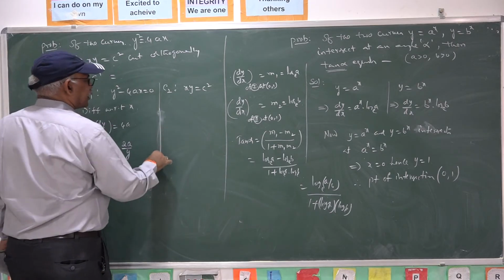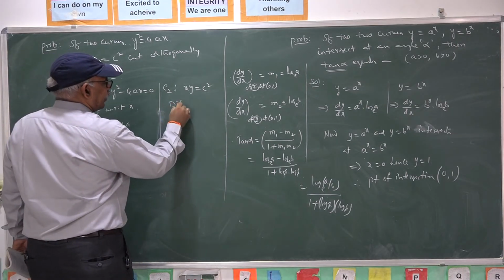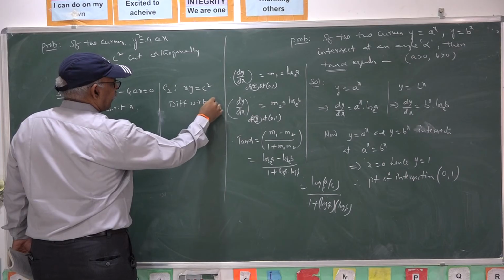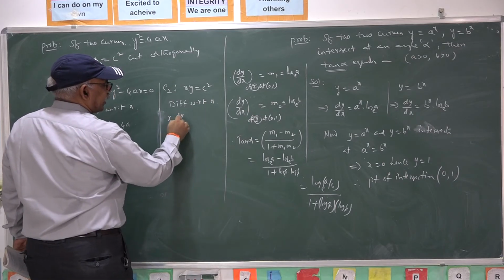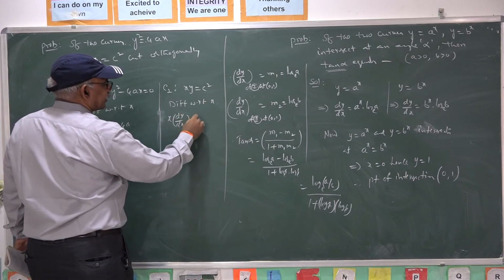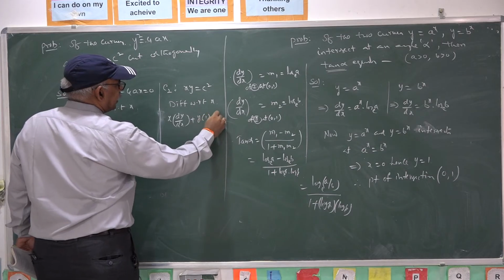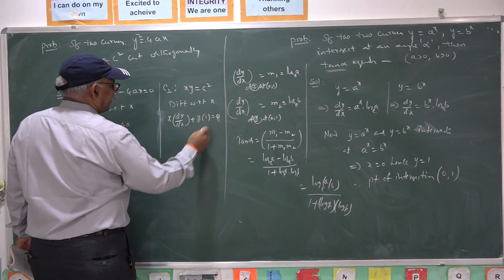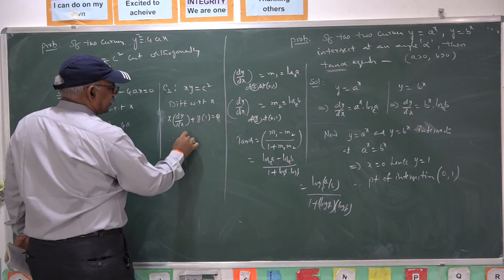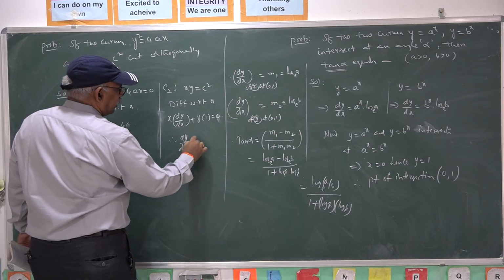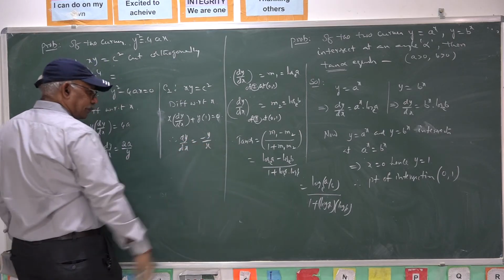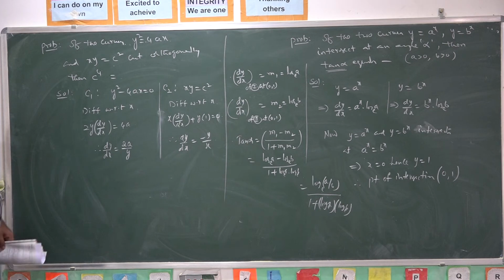Similarly, differentiating the second curve with respect to x, by the product rule, we get x dy by dx plus y into 1 equal to 0. So dy by dx takes the value minus y by x.